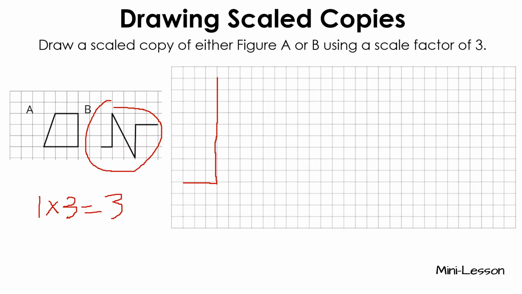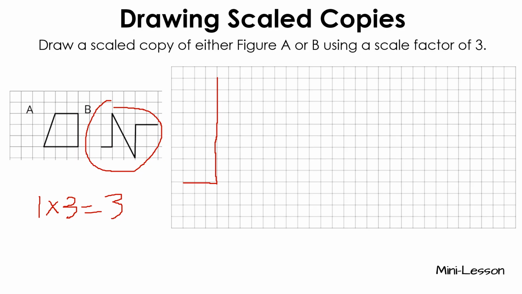We also have a diagonal here. So I see that this diagonal goes over 2 and it goes down 1, 2, 3, 4. And I must apply my scale factor to the diagonal in that way. So instead of going over 2, 2 times 3 is 6. And instead of going down 4, 4 times 3 is 12.